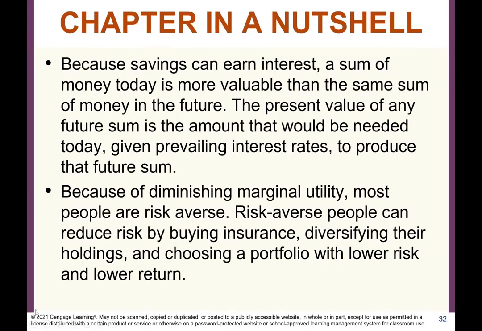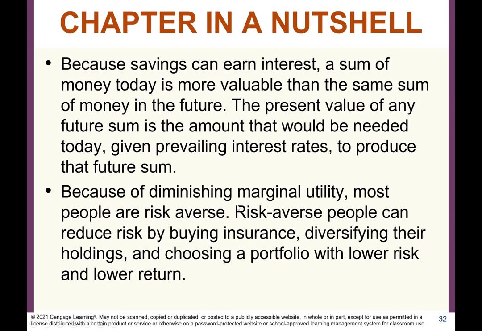Chapter in a nutshell. Because savings can earn interest, a sum of money today is more valuable than the same sum of money in the future. The present value of any future sum is the amount that would be needed today, given prevailing interest rates, to produce that future sum.